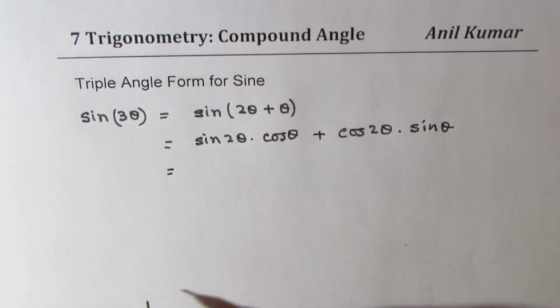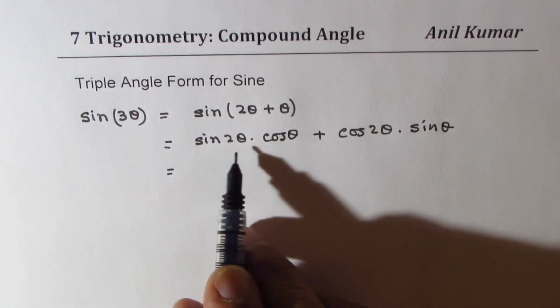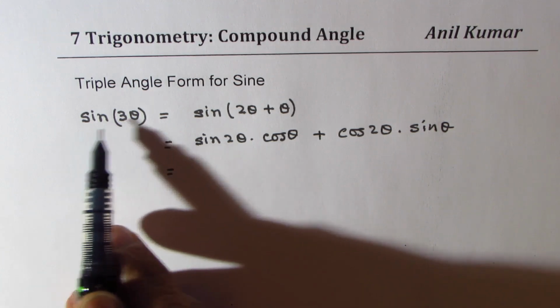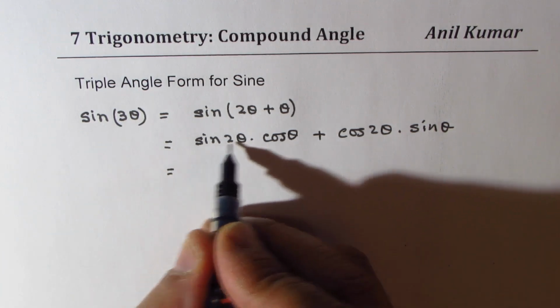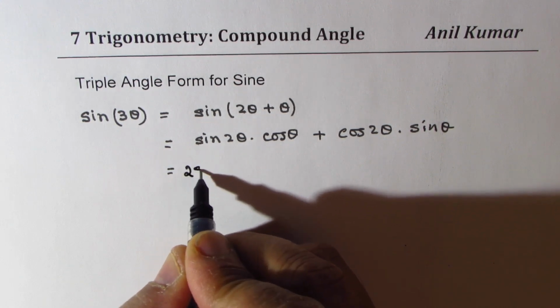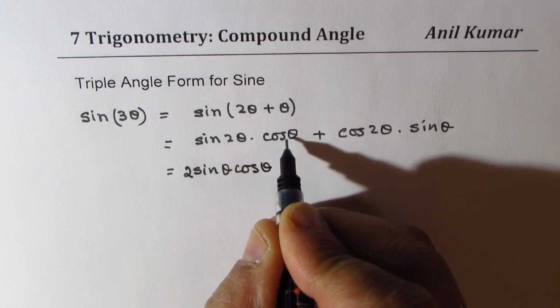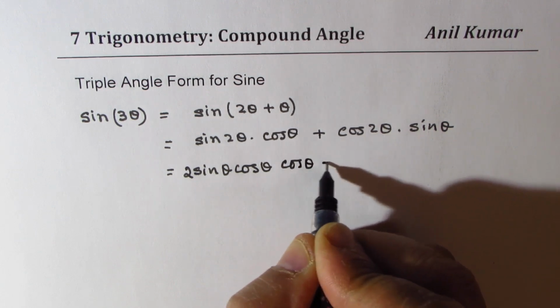Now we know our double angle formulas. Replacing these, we could derive expressions for sine 3 theta. Perfect. For sine 2 theta, I'll replace it with 2 sine theta cos theta, and here we already have cos theta.